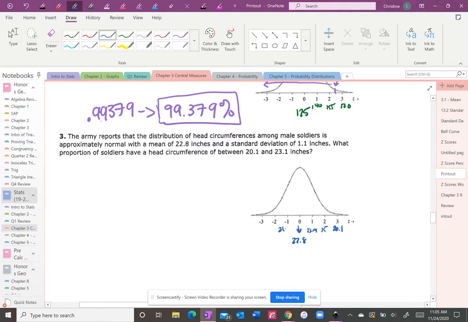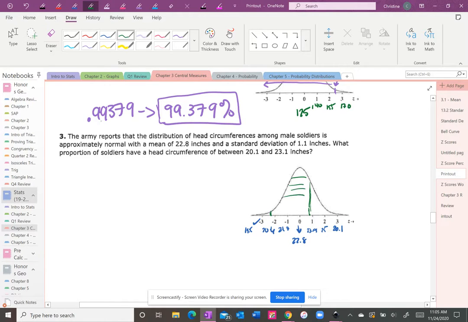So this would be 21.7, 20.6, 19.5. So I want to know what percent of people are in between 20.1, so that would be about here, and 23.1, which is about here.